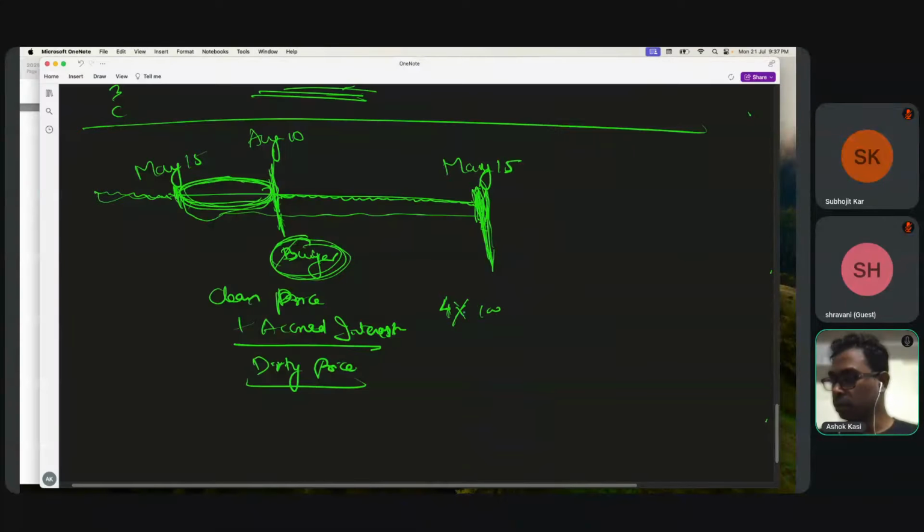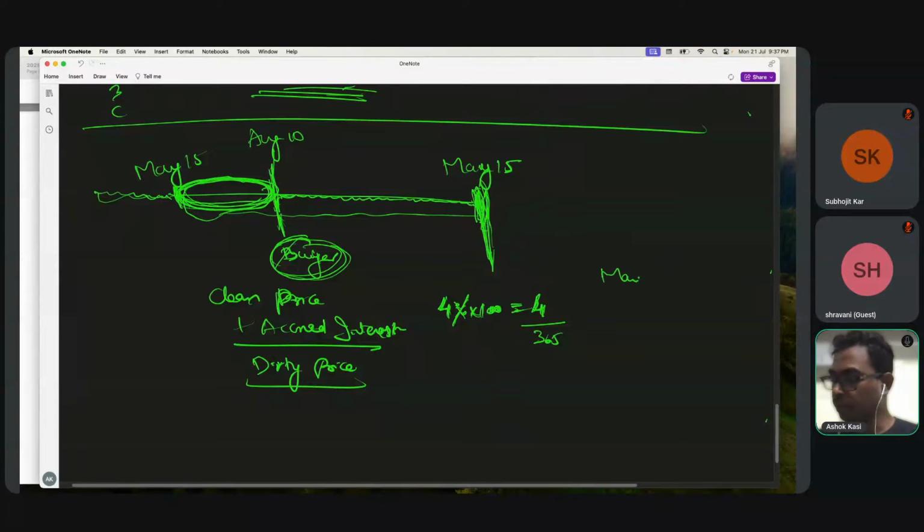So 4% of 100 comes to 4. Now this is for the entire year. So let's say the entire year is 365 days. Out of that, I need to calculate the exact number of days for which I deserve.